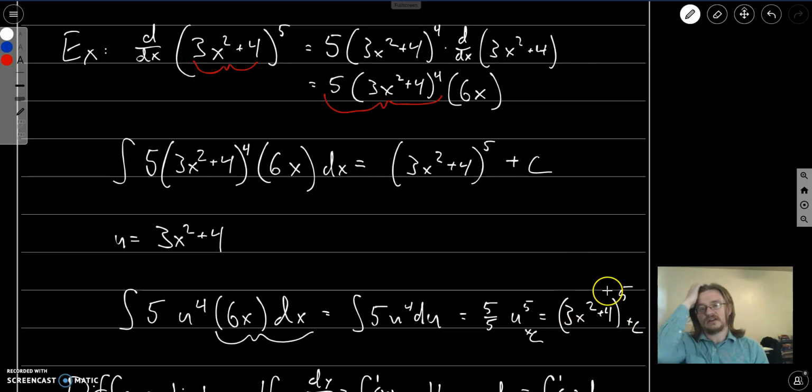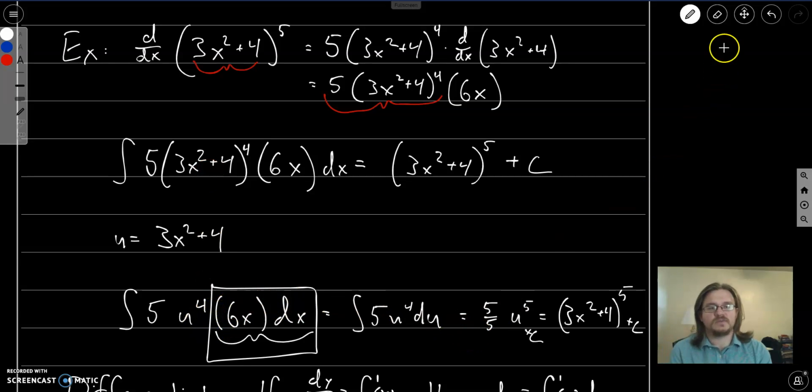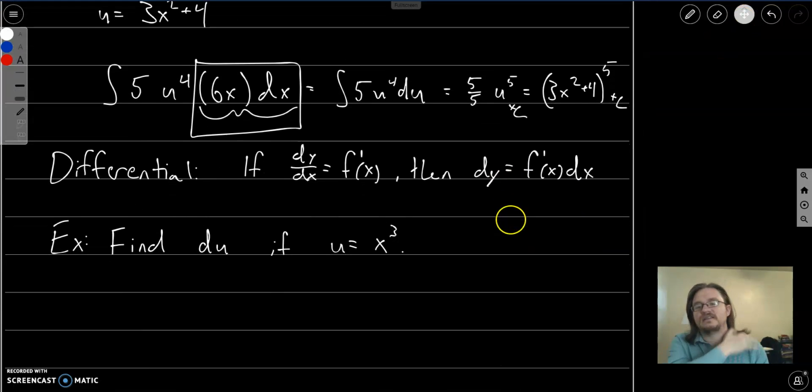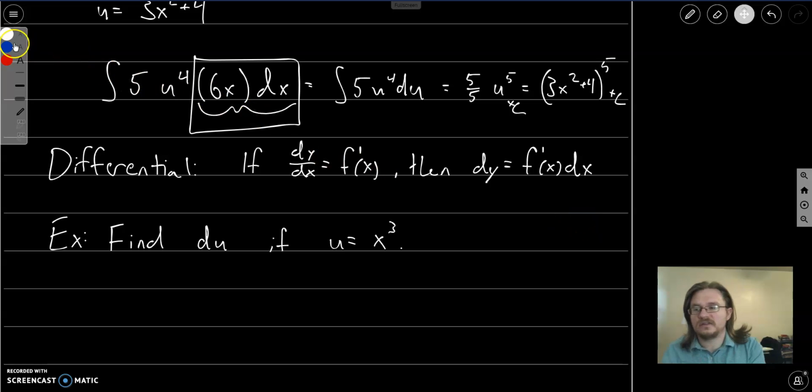So I think the hardest part about all of this isn't necessarily recognizing, oh, I can turn this into a u. It's this part at the back. And this is what's called a differential. There really isn't anything to this. It's not very complicated.